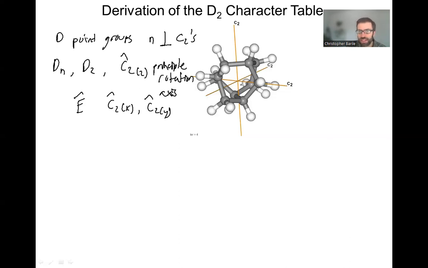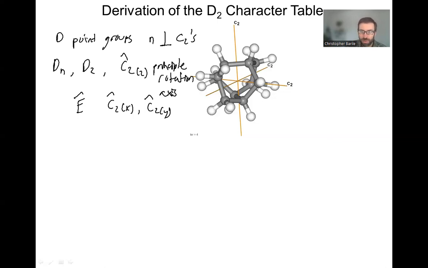The reason for that is that the definition for whether two symmetry operations should be in the same class is that there's some arbitrariness in the axis system that you use to define the operations, and that you can interconvert between those two Cartesian axes with some other symmetry element in the point group.